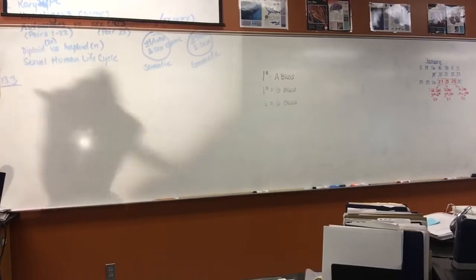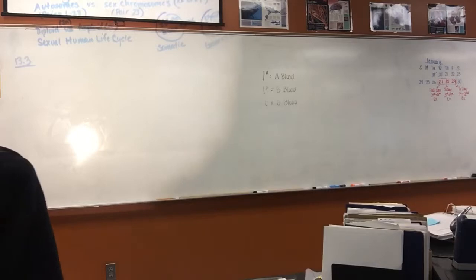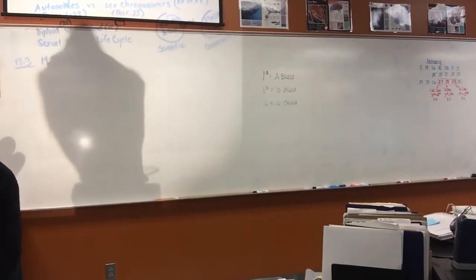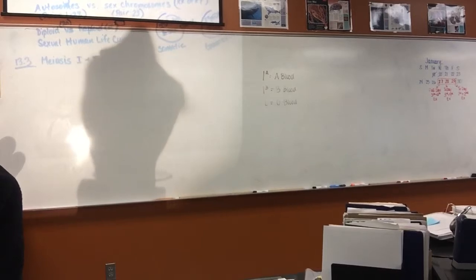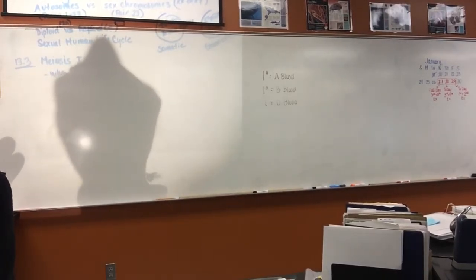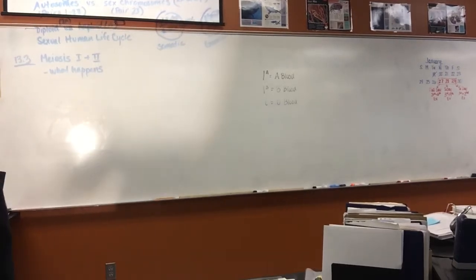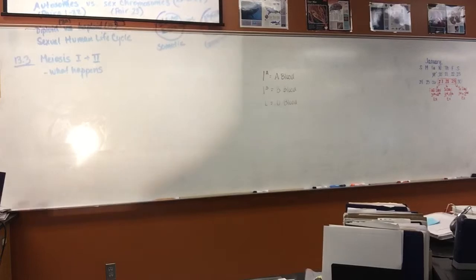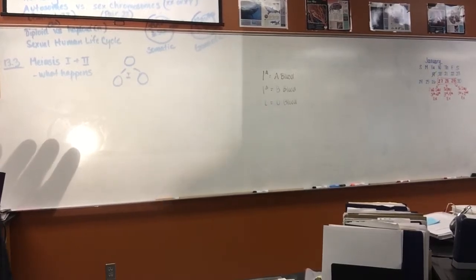So the third section of chapter 13 was all about what actually happens during meiosis, like what the chromosomes actually do. So meiosis, I'm going to put here 1 and 2 because there's meiosis 1 and 2. We need to know what happens in general in meiosis 1 and 2, and then the flow of the chromosomes as well. Let's just look at meiosis here. We start out with 1 cell and it divides into 2 cells, and that's meiosis 1.